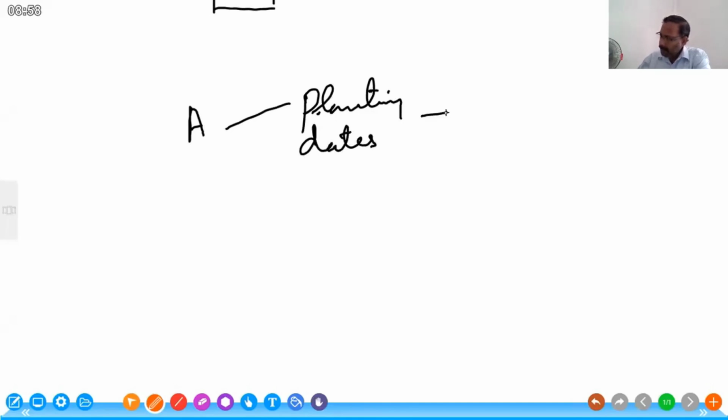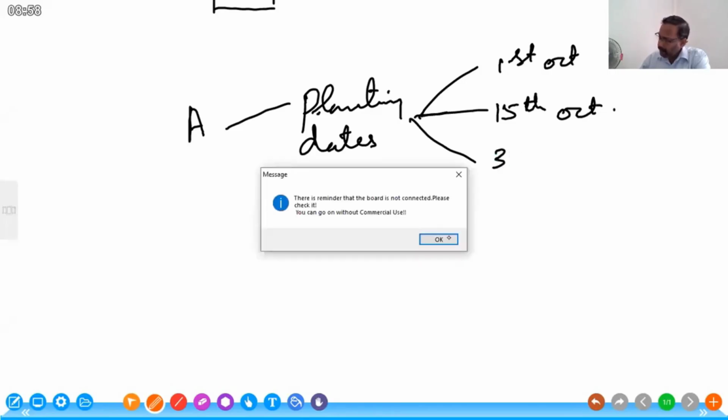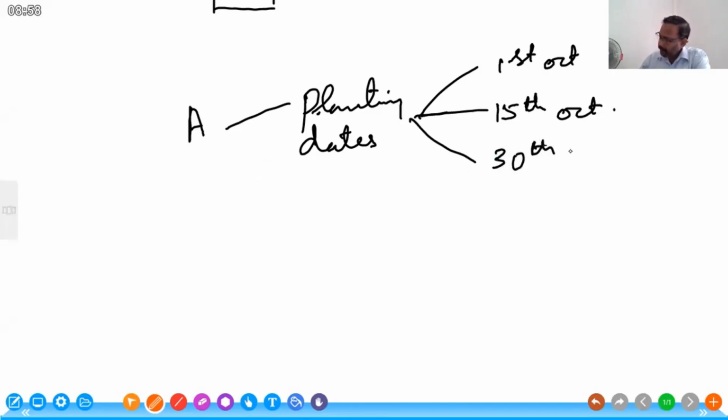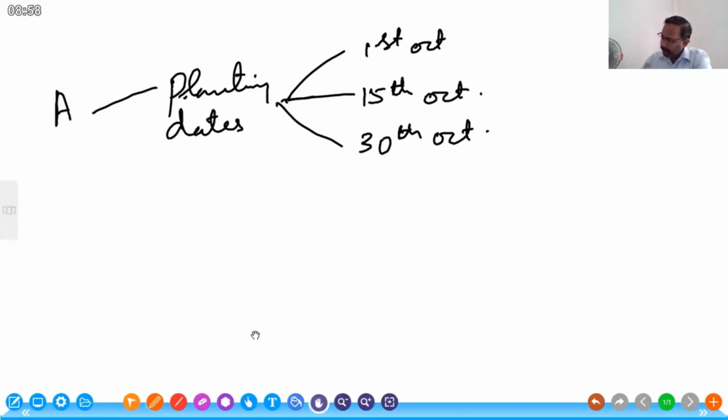Let's say I have 3 planting dates, right? They are an experiment. 1st of October, 15th of October, and the 30th of October. So these are 3 levels of planting dates.